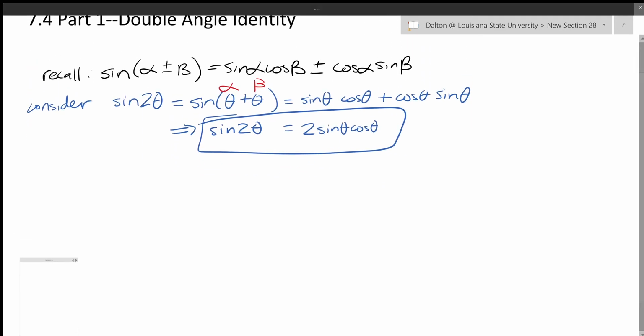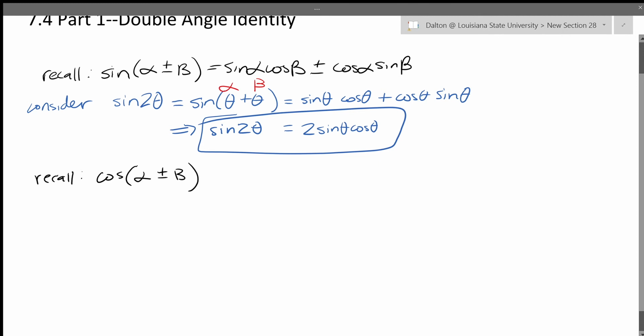To get the second, I want us to recall the sum and difference identity for cosine. If we have the cosine of alpha plus or minus beta, that identity says cosine alpha cosine beta minus or plus sine alpha sine beta.